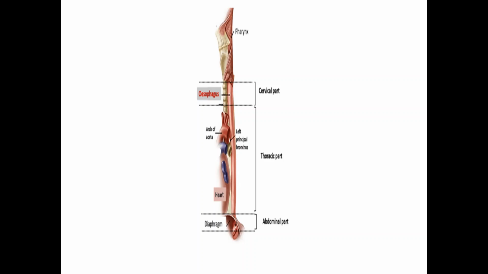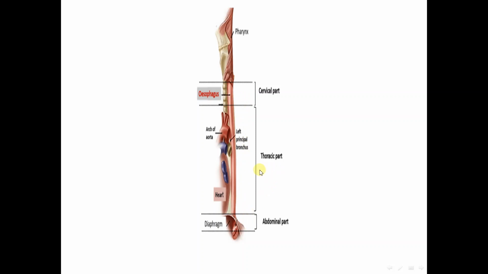This part of this diagram shows the esophagus extended from the pharynx to the stomach. For the anatomy, the esophagus consists from the three parts: the cervical part, thoracic, and abdominal part.